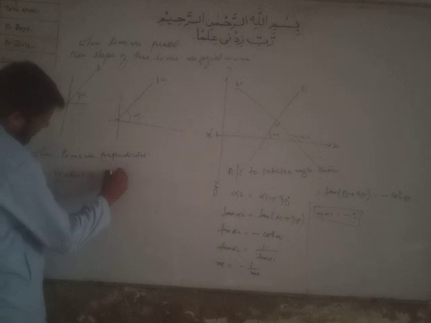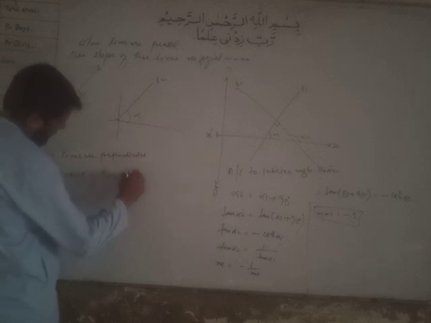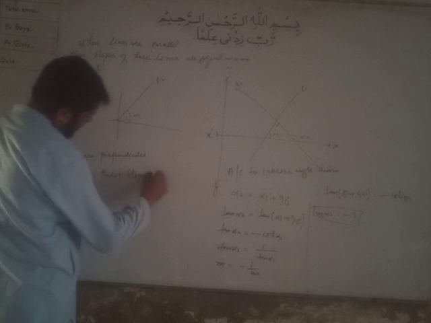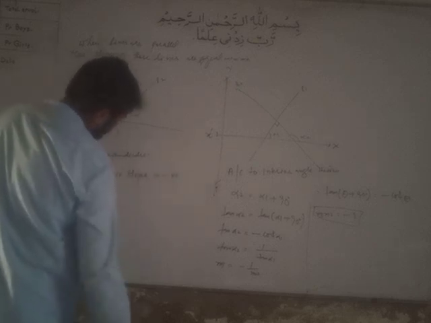So when lines are perpendicular, then the product of their slopes is minus 1.